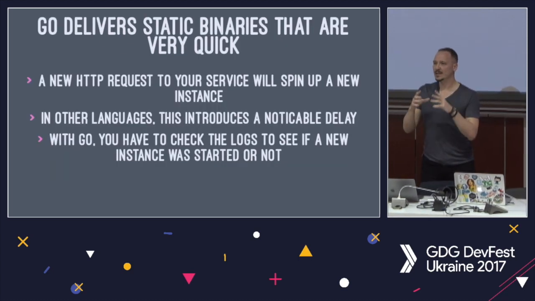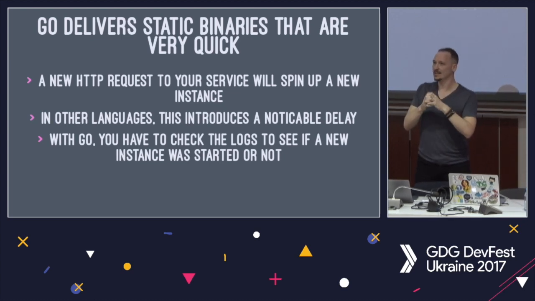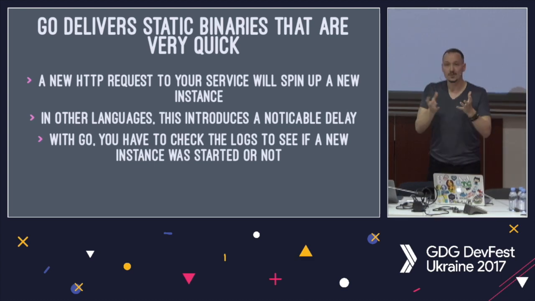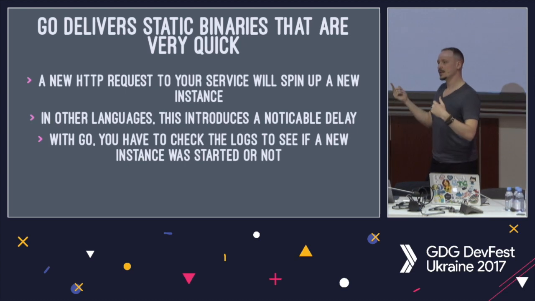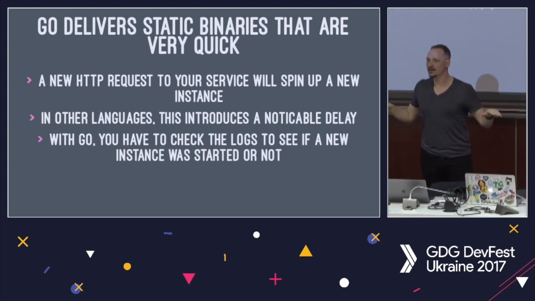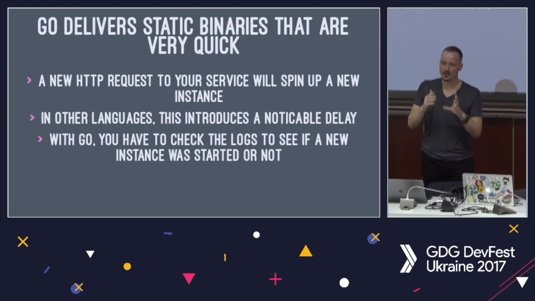So Go, because of the nature of Go, being very quick, there's no runtime, you don't have a JVM or anything. It's just a single static binary that has everything it needs inside it. It also starts up very quickly. So here's the thing in App Engine, as I said, when no one's been on the site and no instances are running, and the first request comes in, if you use Java or Python, you notice a delay waiting for the first request, and then it happens.